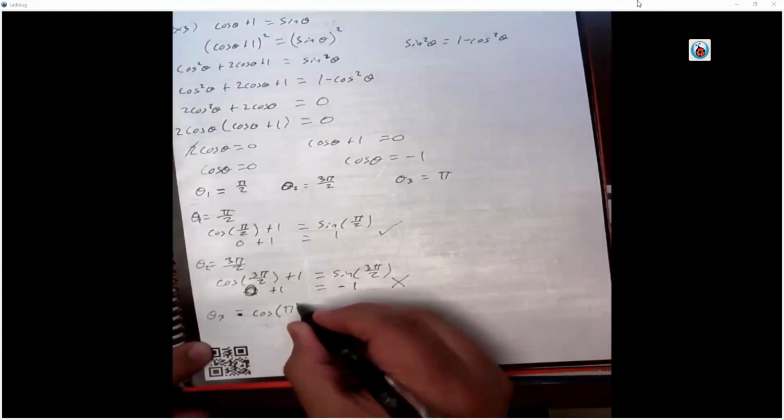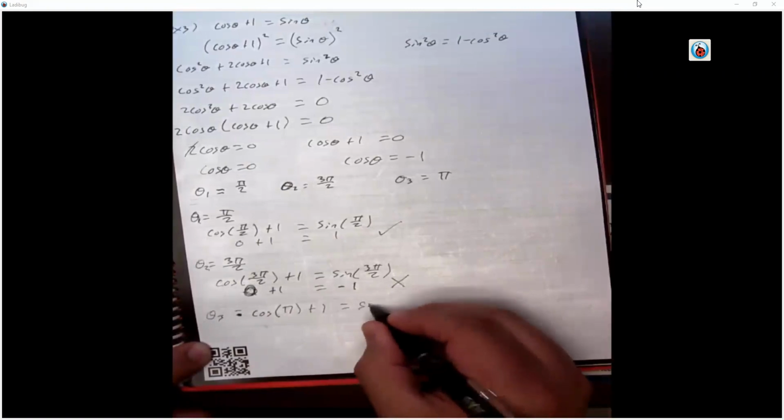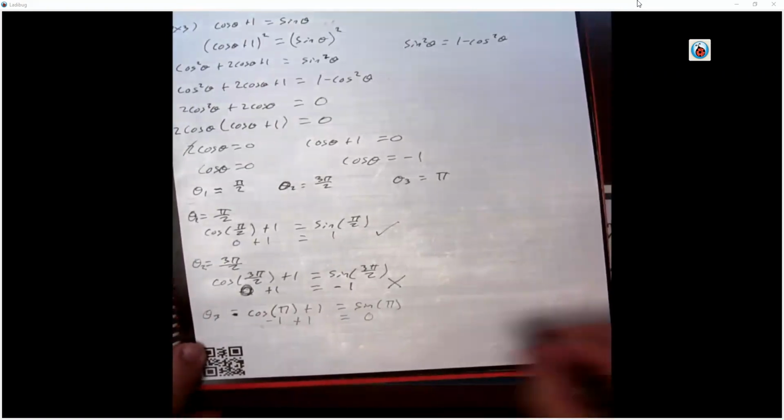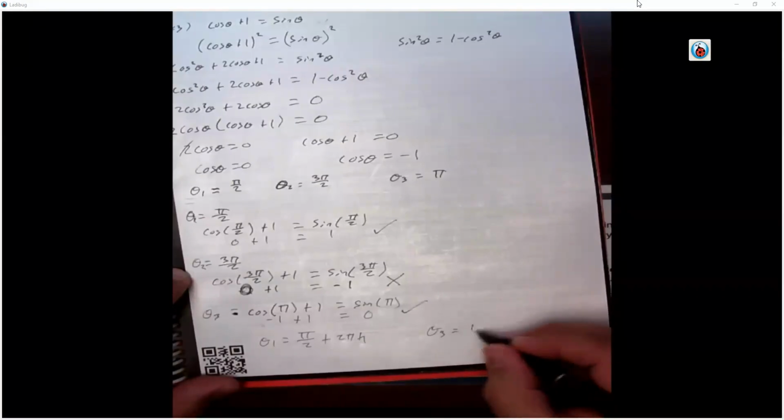Cosine of pi plus 1 equal to sine of pi. Is -1 plus 1 equal to 0? Yeah. Then we're good. So it looks like only theta 1 and 3 were the solution. Feel weird calling it 3, but whatever.